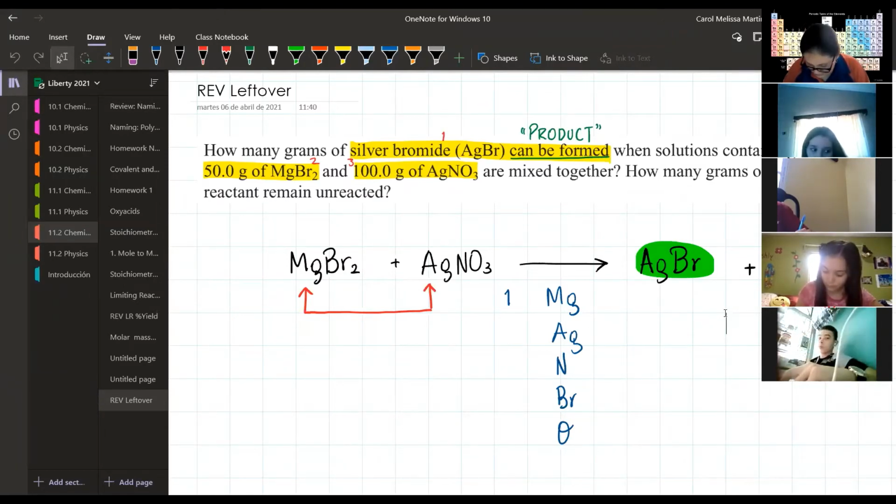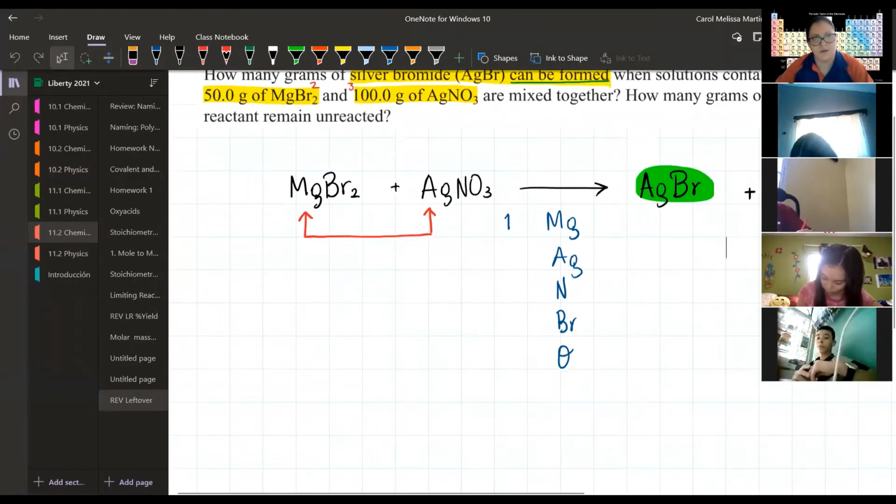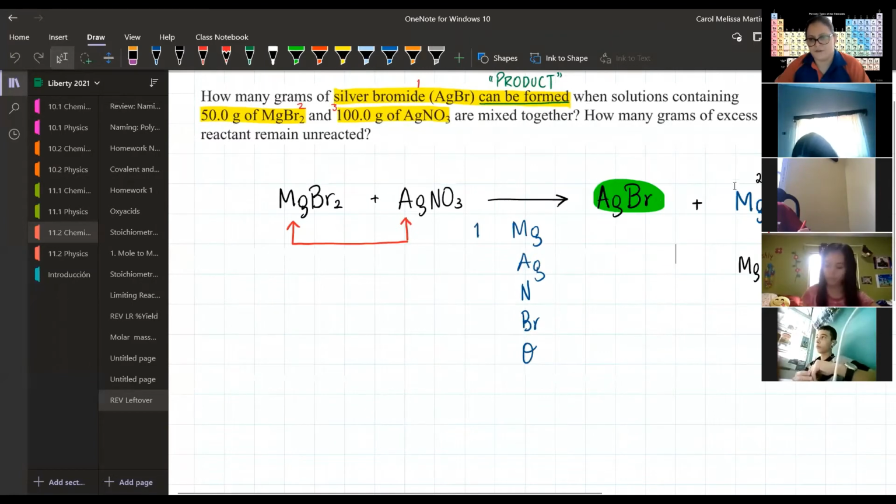But this cannot be together like that, so that means that we need to place parentheses. Remember, this topic is called compound formation, and we have been working with this a lot.